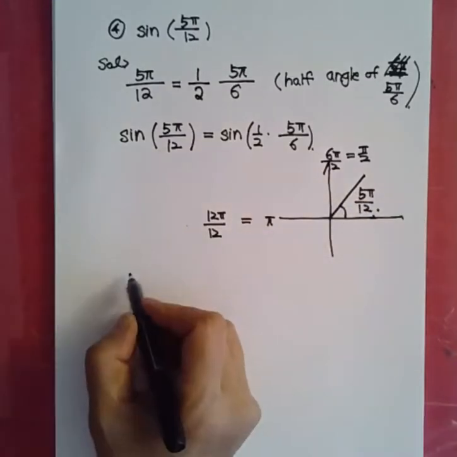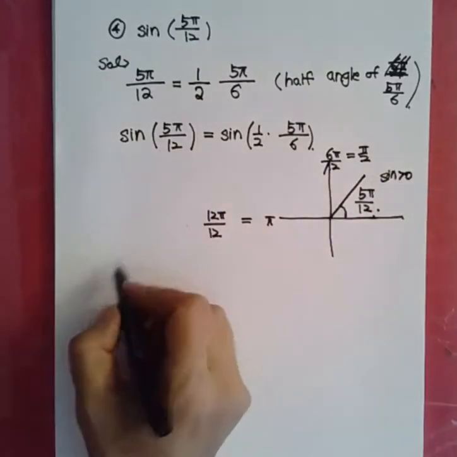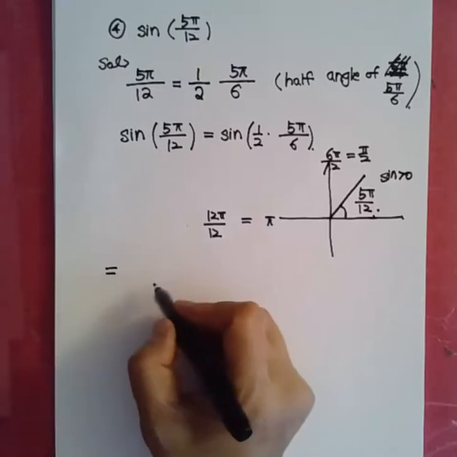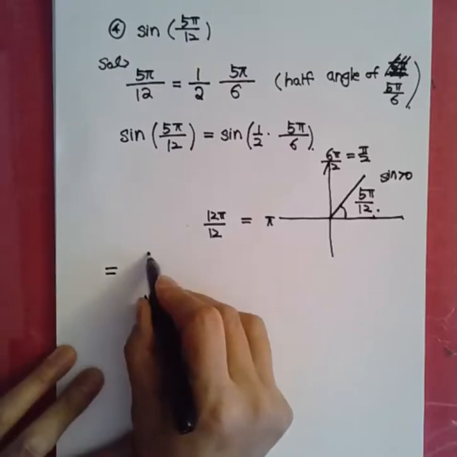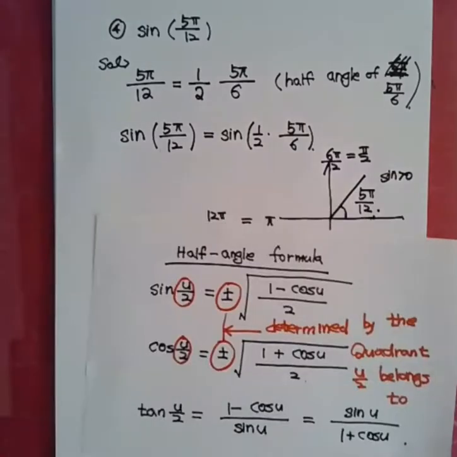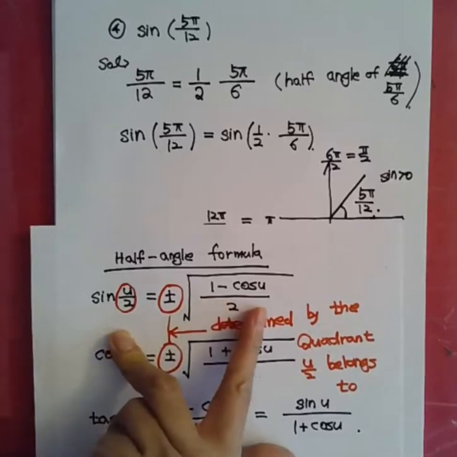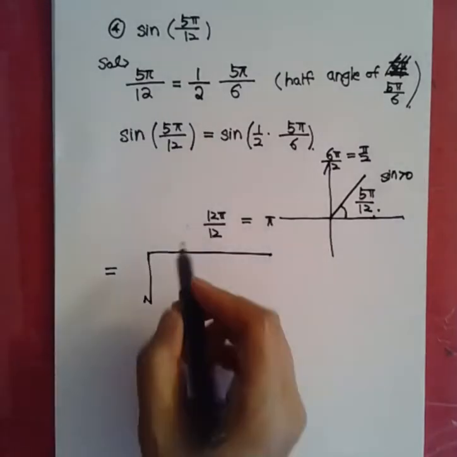So sine is positive. So when we apply the formula, we don't put minus in front of the square root. The formula went like square root of 1 minus cosine of u over 2.